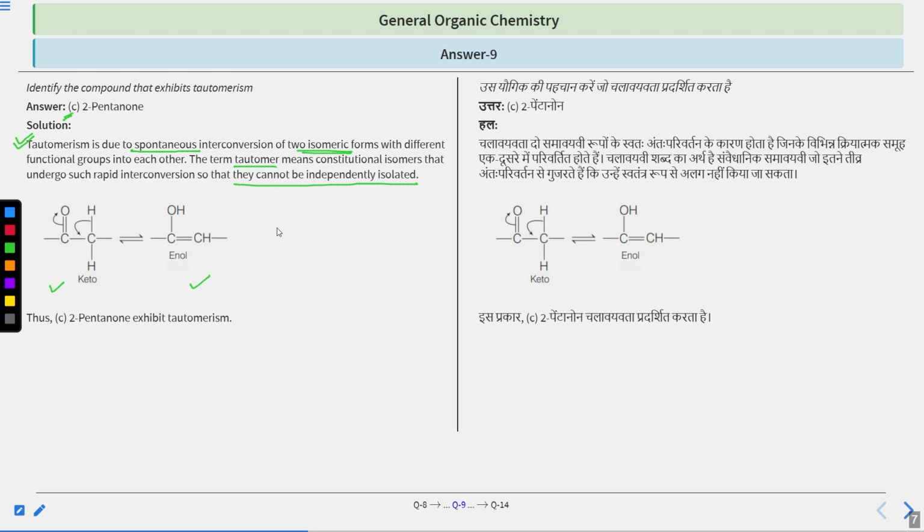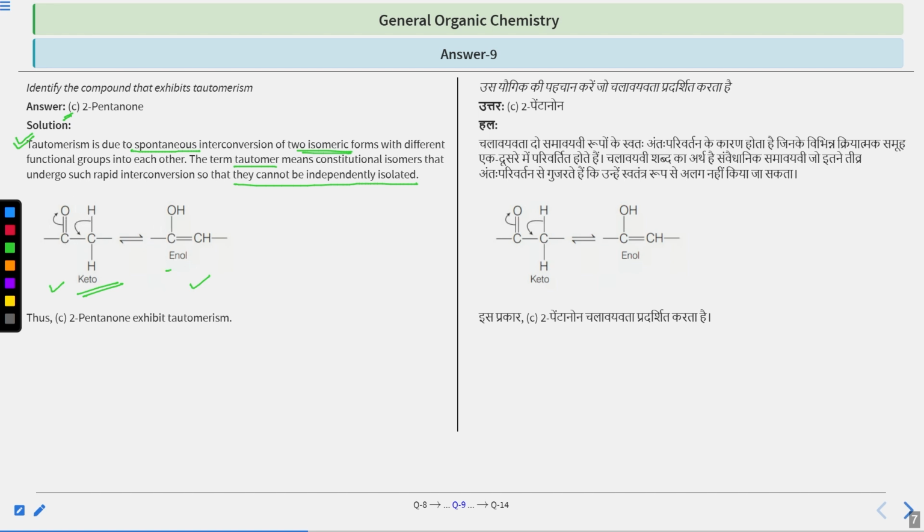And tautomerization is the process in which this is happening. You can see this is the keto form, in which the ketone C double bond O is present. It interconverts: the double bond goes onto the oxygen as a lone pair, and a double bond forms between the carbons, and the hydrogen from the carbon gets attached to the oxygen, because oxygen donates its lone pair to the hydrogen and forms an O-H bond.